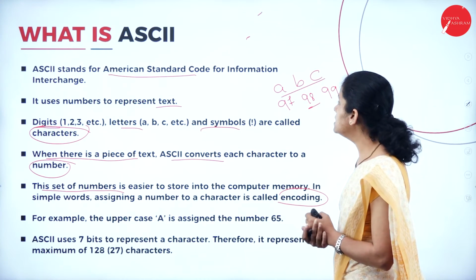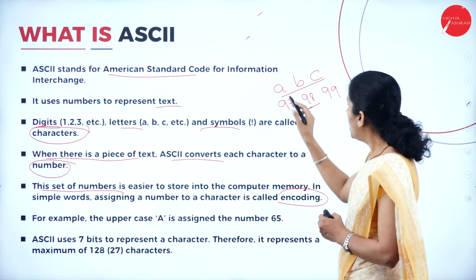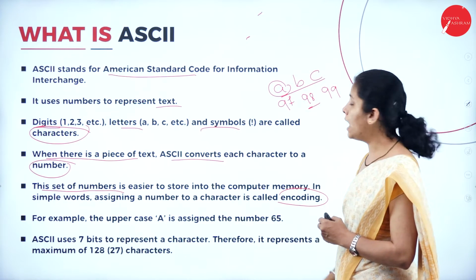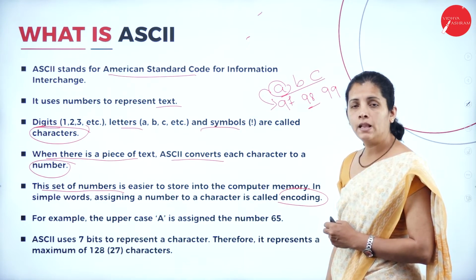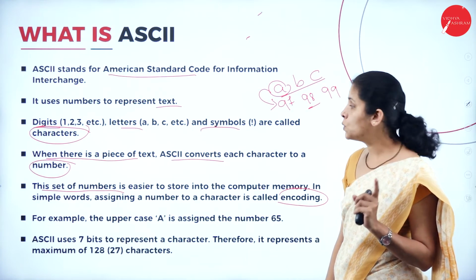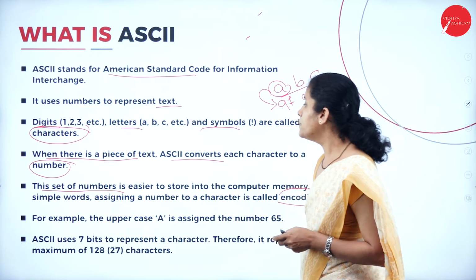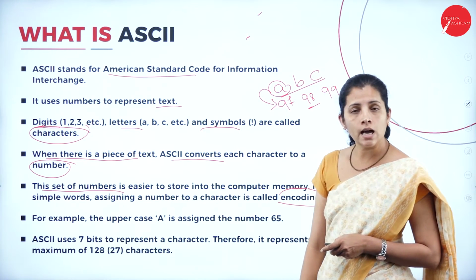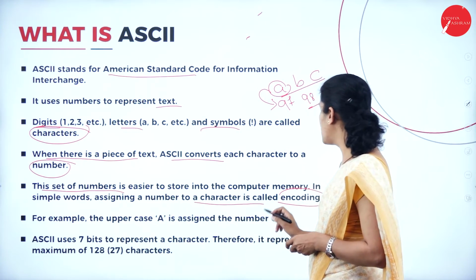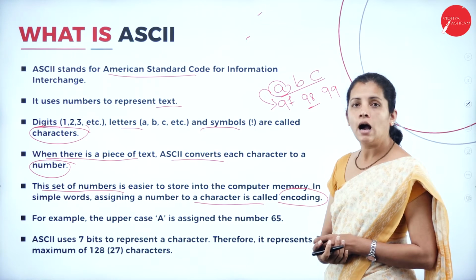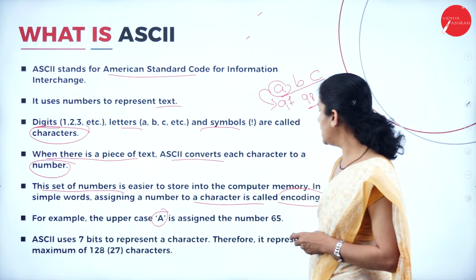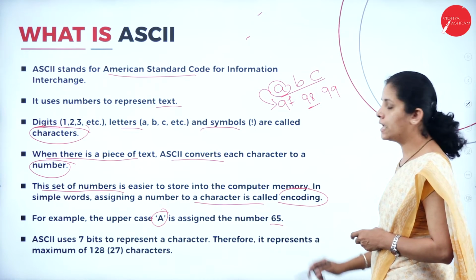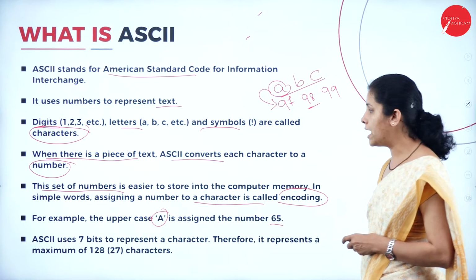If I consider this example, I have A and I assign 97 to A, and it is known as encoding. Simply put, assigning a number to a character is called encoding. For example, if I have capital letter A, I can assign 65.